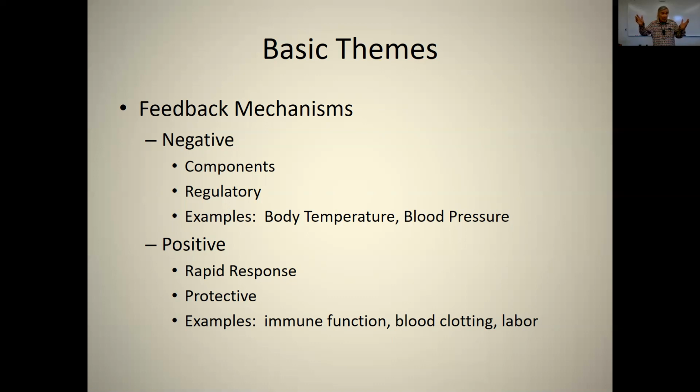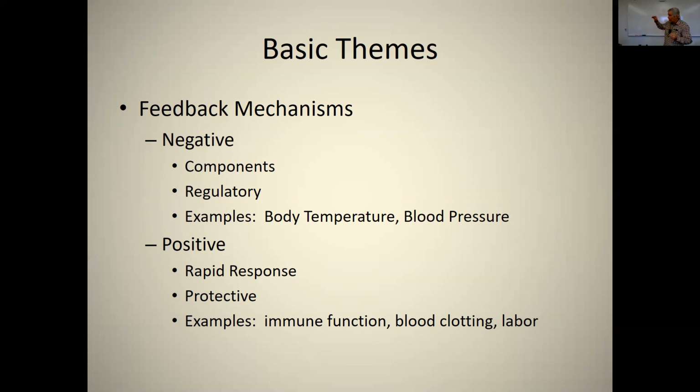Body temperature is a great example. It stays within about a half a degree over the course of a day, only varies a little bit. We're going to look at blood glucose concentration. That's a homeostatic variable. Blood pH, when we get into pH, that's a homeostatic variable. Blood osmolarity, homeostatic variable. So all kinds of homeostatic variables that have to be regulated.